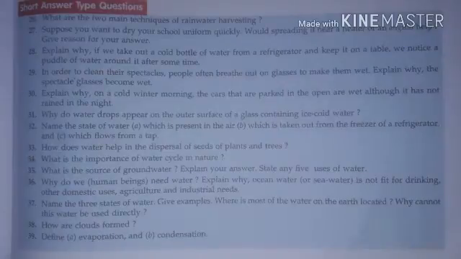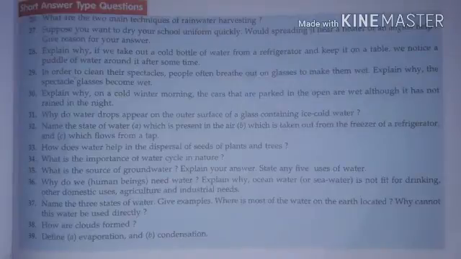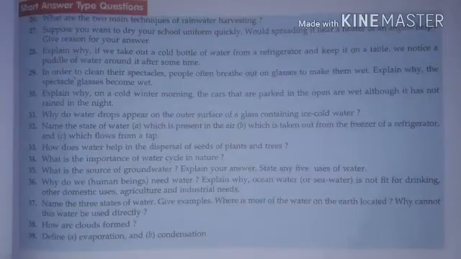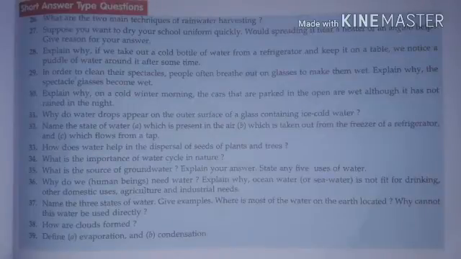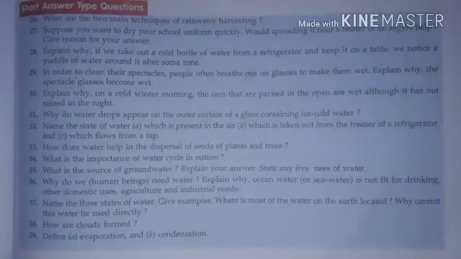It becomes ice, nothing but solid form. And the water which flows from the tap. Whenever you open the tap, then what happens? It is the liquid form of water, right? So what happened here? In the air it is gaseous form, vapor; in the refrigerator it is solid form, ice; and the tap water is liquid form.